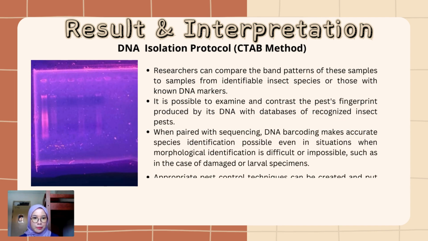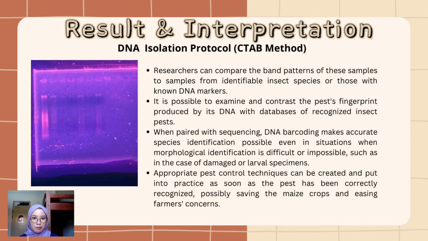Researchers can compare the band pattern of this sample to samples from identifiable insect species or those with known DNA markers. It is possible to examine and contrast the DNA fingerprint produced by each with databases of recognized insect pests.